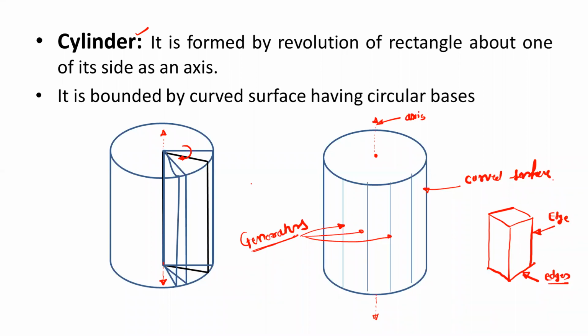These generators are used to draw the projection when we make the cylinder inclined either to the HP or to the vertical plane. Okay. So we will see this in actual projection. So these are some basic terms for the cylinder.